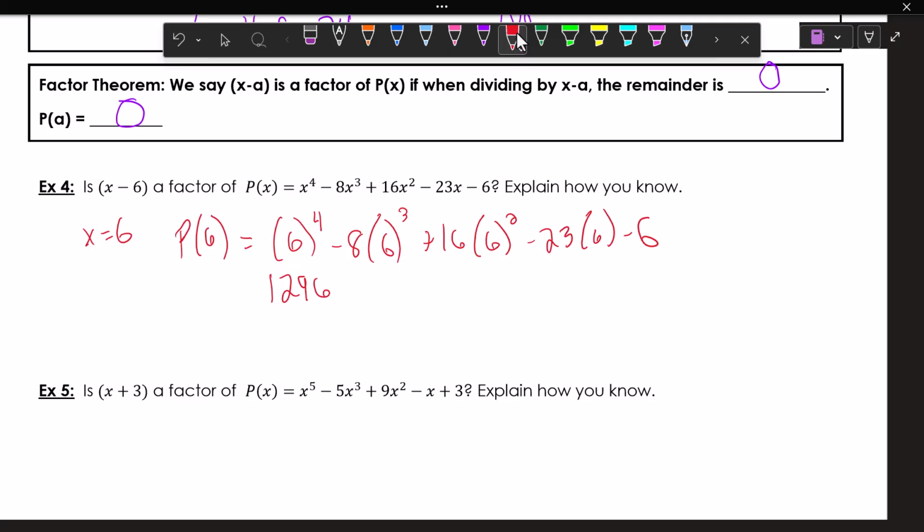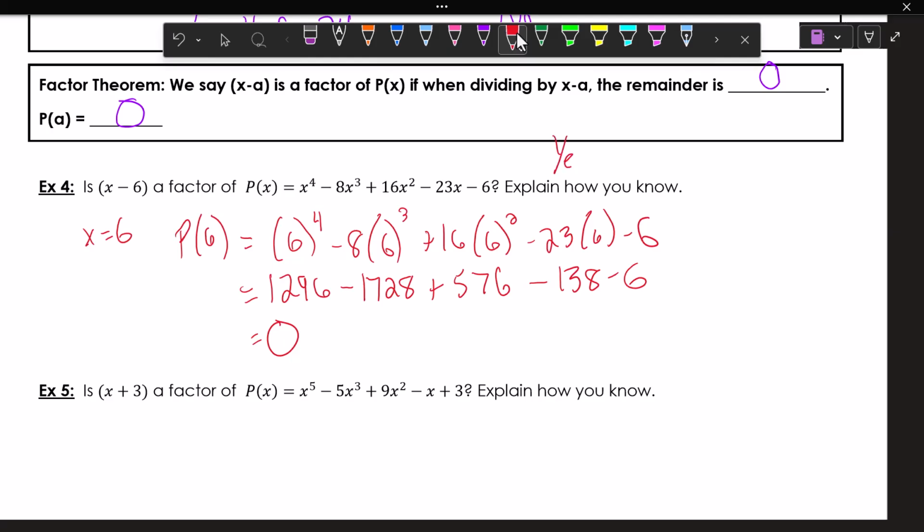Then we have negative 1728. We get positive 576, negative 138, and a minus 6. So we want to combine all that and see if it is 0. And hopefully we do it right this time, and it does equal 0.